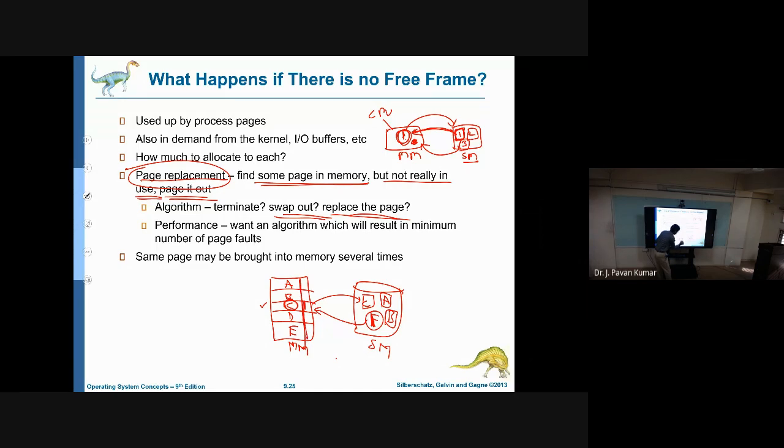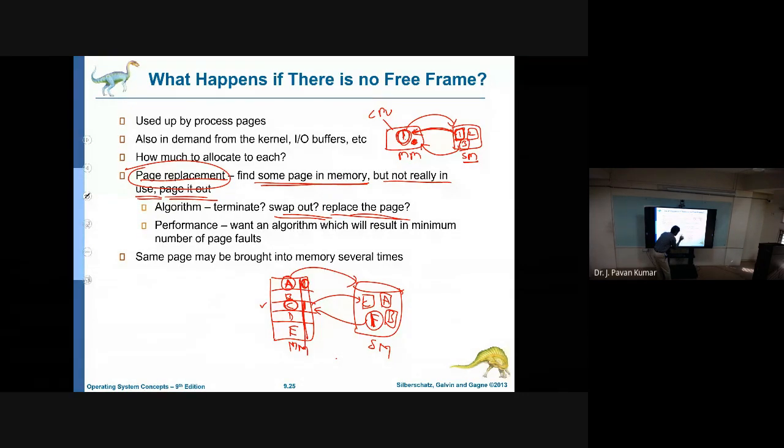We will be maintaining one bit. If you modify the page after bringing it into the main memory, then we set the dirty bit to 1, so that whenever we want to swap this page, it has to be written back to secondary memory. Suppose this dirty bit, or modify bit, is set to 0.